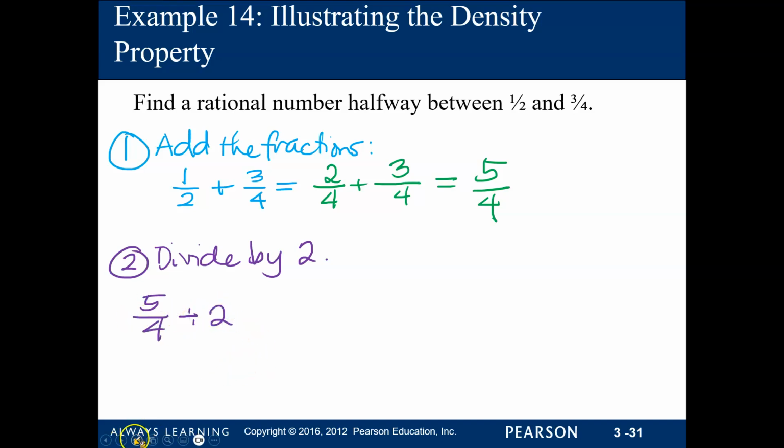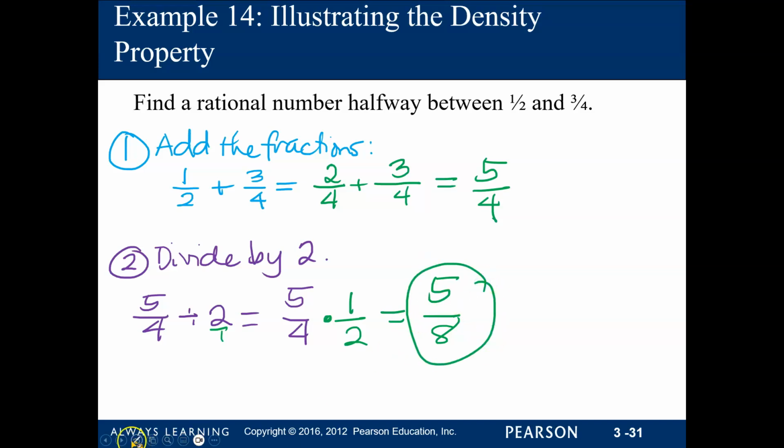Now, what is the rule when we are dividing? 5 over 4 remains the same. The division will change to multiplication, and our divisor, which is 2 over 1, will change to its reciprocal, which is 1 over 2. Now we can do our multiplication. 5 times 1 is 5, and 4 times 2 is 8. And so our final answer is 5 over 8.